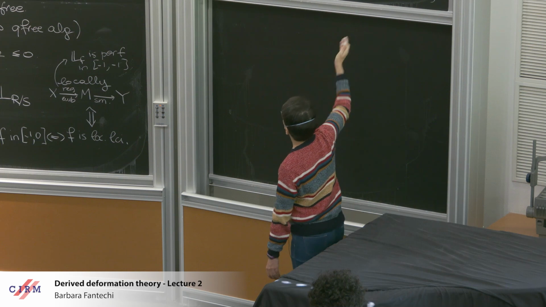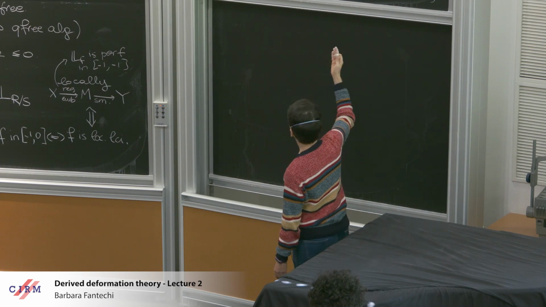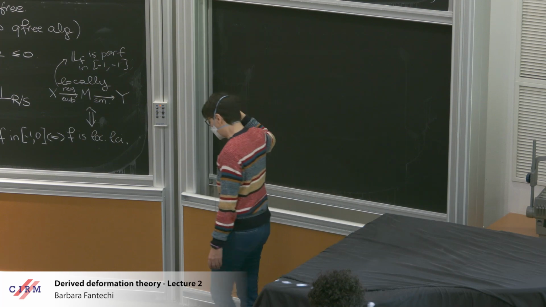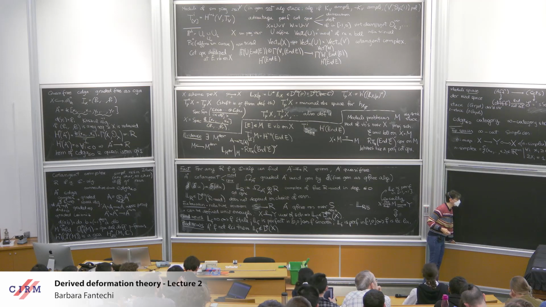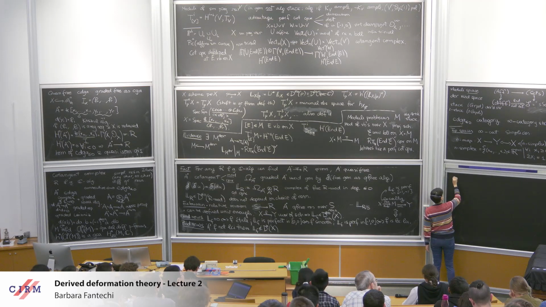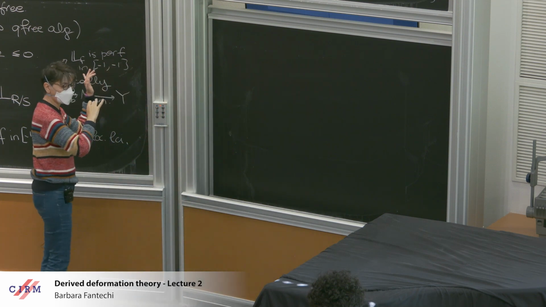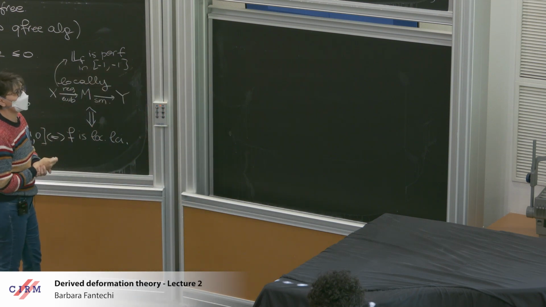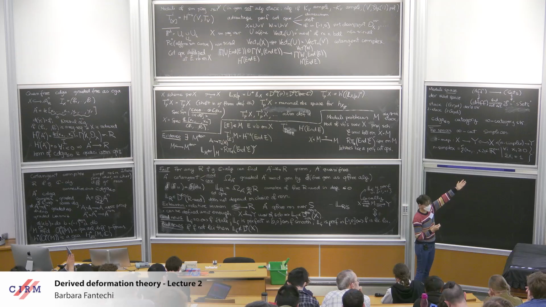So can we do this for CDGAs? Remember, we are working with algebra, so everything works the other way around. So we would like to have an algebra of which that is the geometric counterpart.